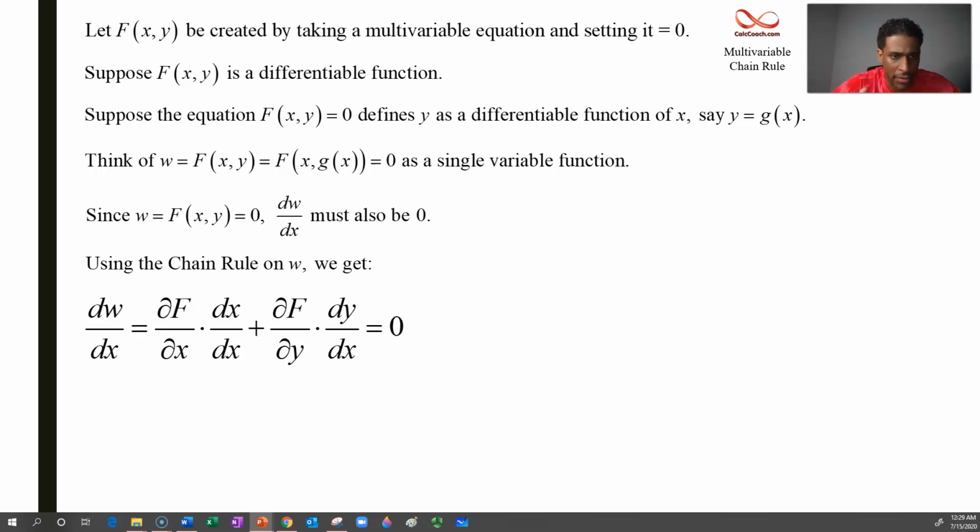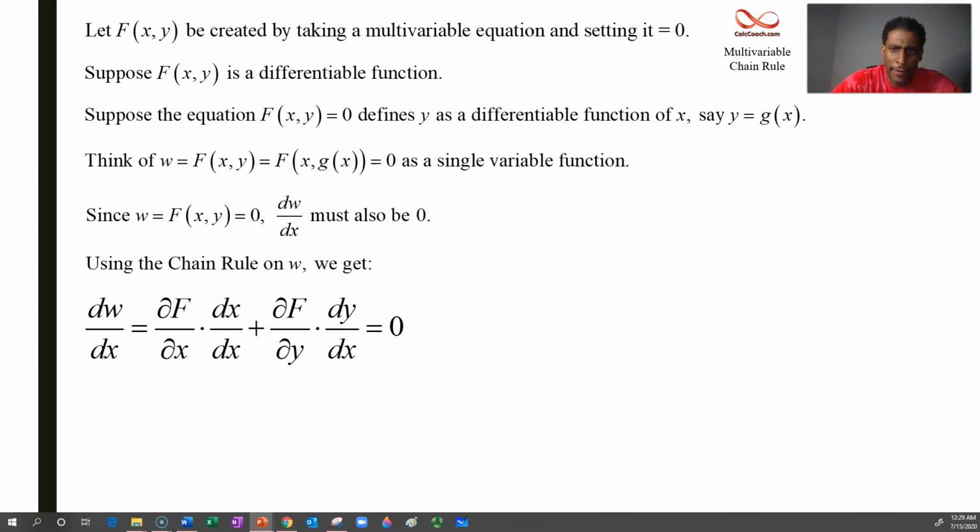I'm sorry, I said t. It's df dx times dx dx plus df dy times dy dx. That's the chain rule used on it, where f is multivariable, so it has partial derivatives of x and y. The inside is then, with respect to x, the derivative thinking about f as a single variable function.